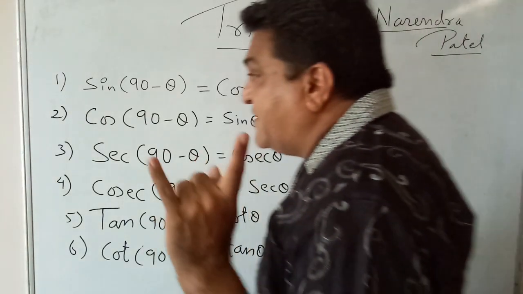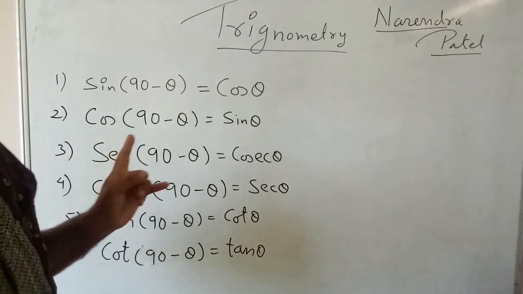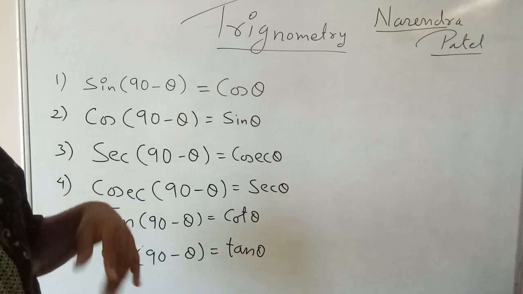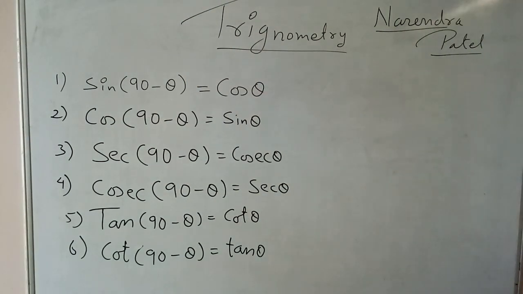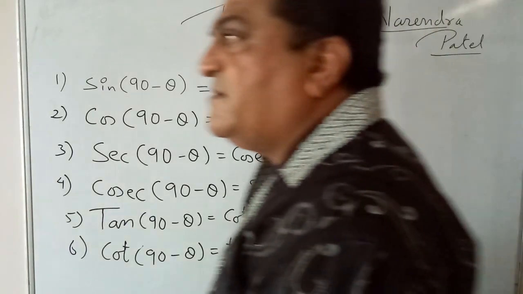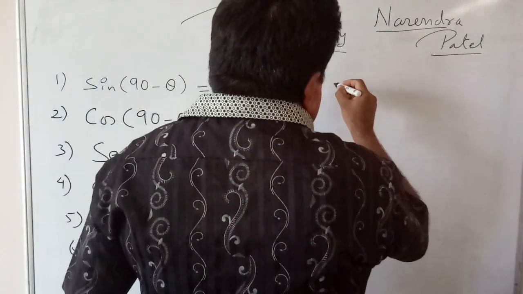Here I am teaching you how one ratio can be converted into another trigonometric ratio by subtracting the angle from 90.